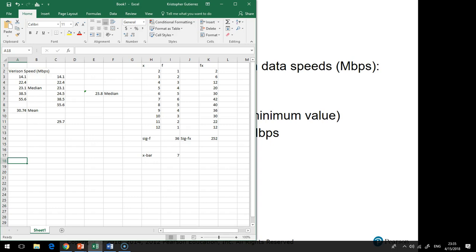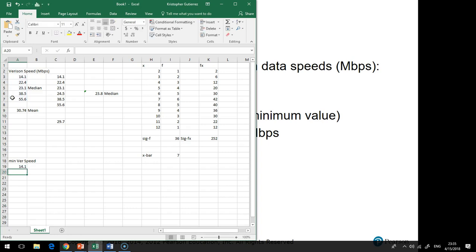Remember, Excel can be a very good friend of yours. So the minimum Verizon speed is going to be, and I'll just put it under here, equal MIN, open parentheses, all this data, just put it together in here, close it, and enter.